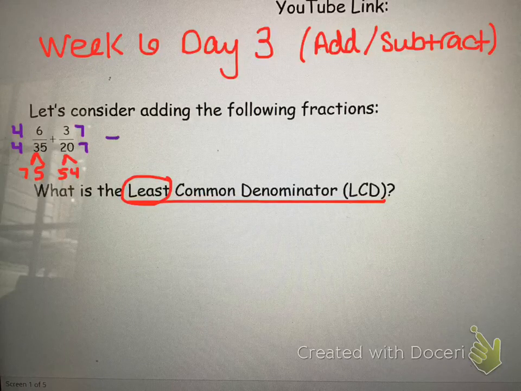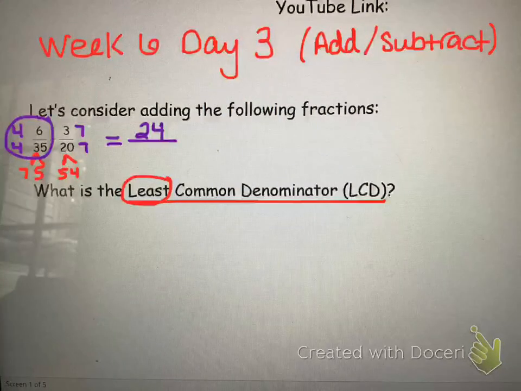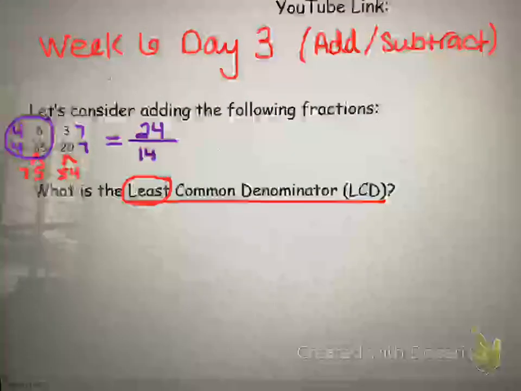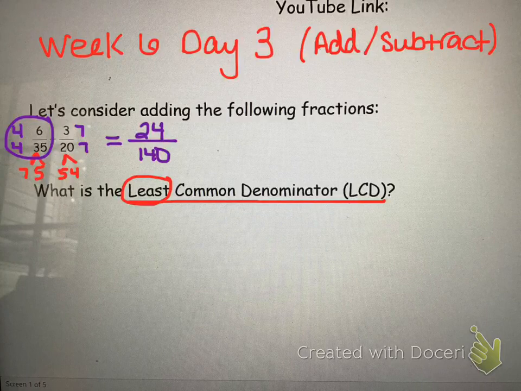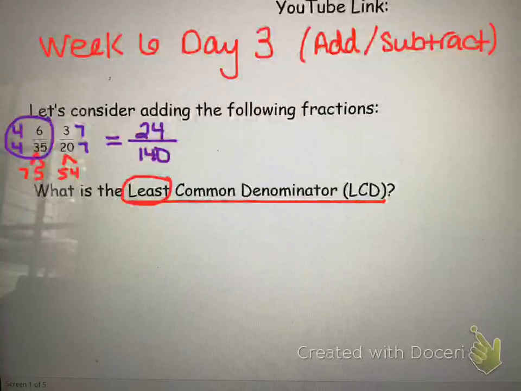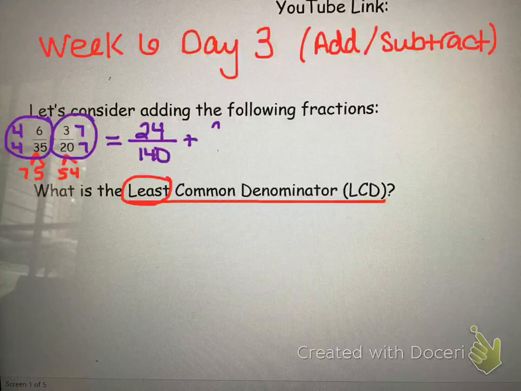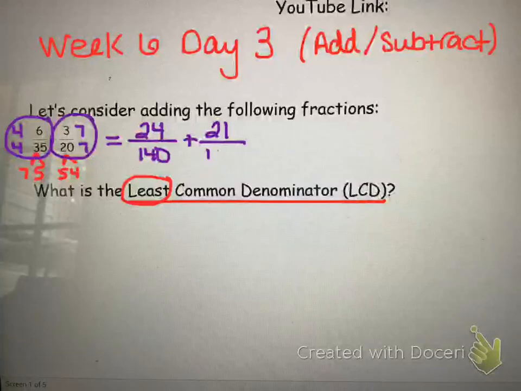The first fraction now becomes 24 over 140, and the second fraction becomes 21 over 140.